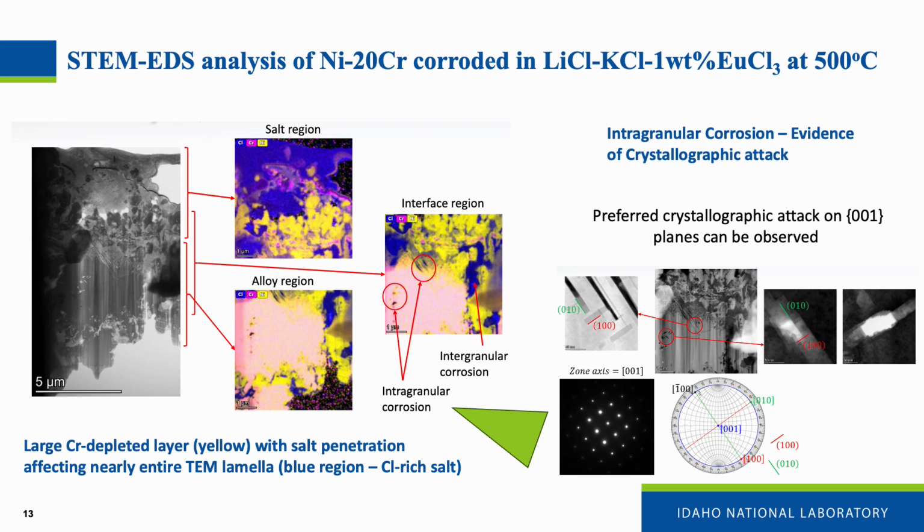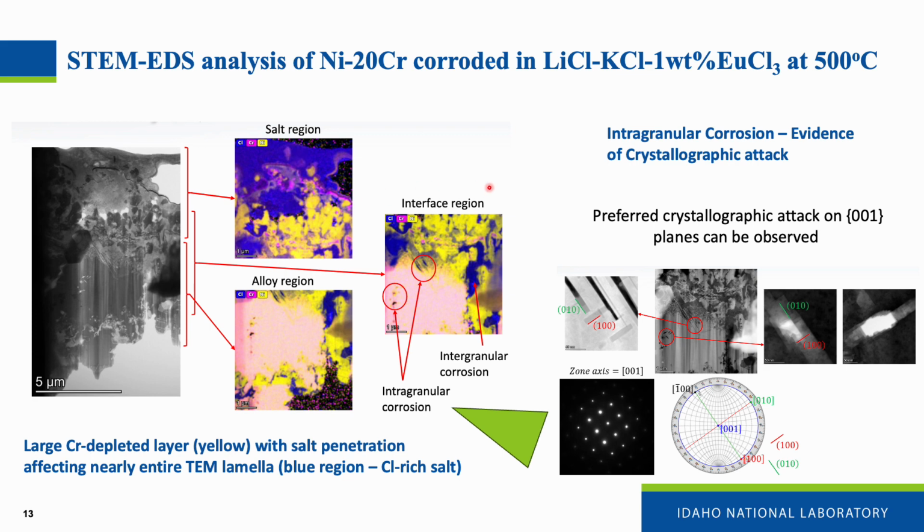Now we wanted to see what's happening at the interface, like how this corrosion is proceeding. We see that there is a very large chromium-depleted layer. Here you can see in yellow, this is all chromium-depleted layer. There's also some salt that seems to have penetrated into the nickel 20 chrome wire surface, and it seems to affect nearly the entire TEM lamella, which is the blue region.